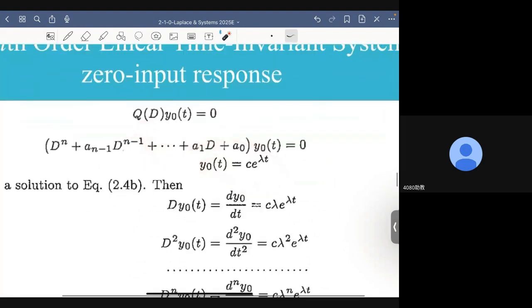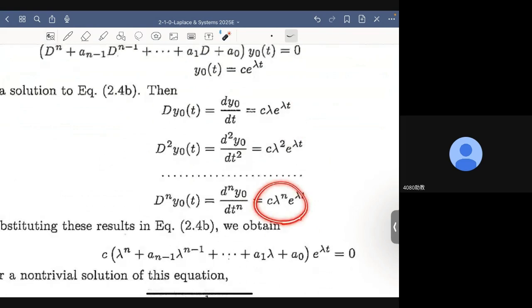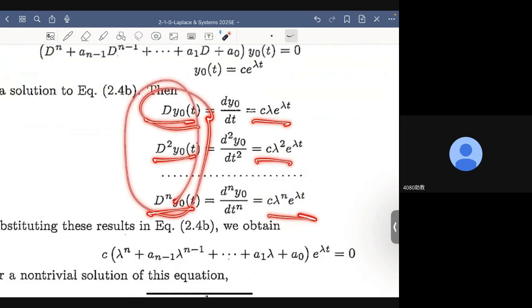Okay, to do that, we need to take the derivatives of y0. Easy, because we know y(t) here is c times e to the lambda t, and its first derivative is this. The second derivative is all the way up to here. All right, can you see the similarity between the derivatives and this exponential function?